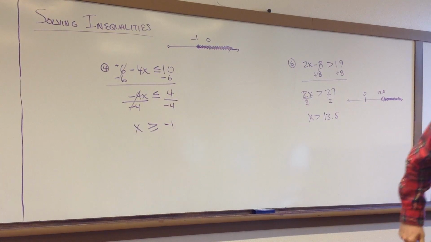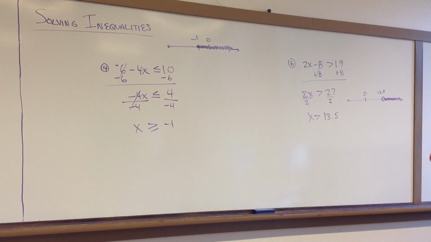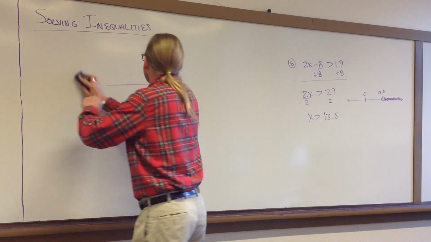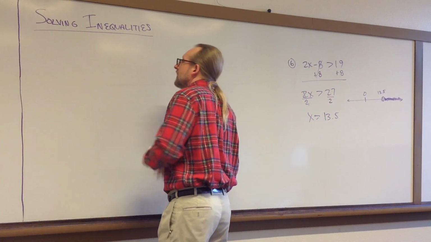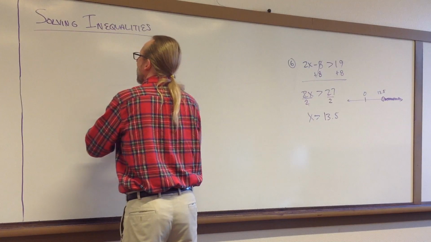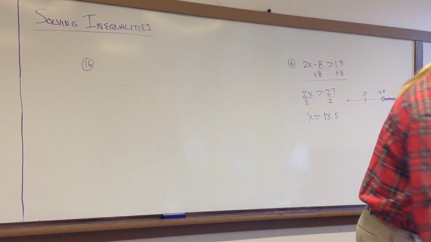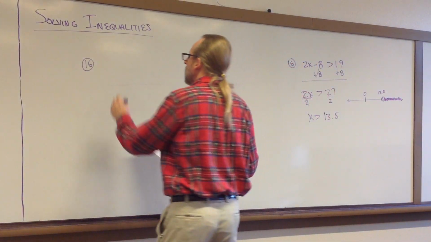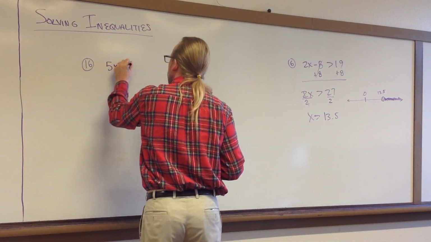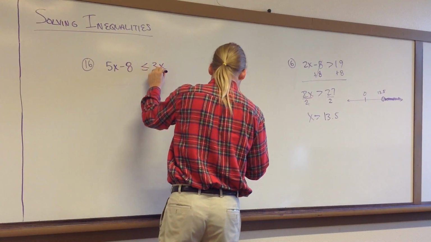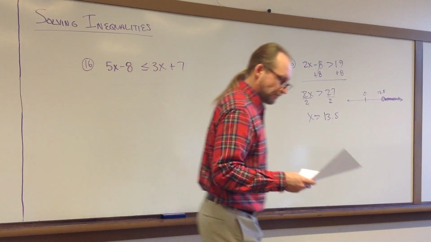Okay, so let's look at a couple more here. Let's skip down to problem 16. These are a little bit more complicated. So, 16, we start out with 5x minus 8 less than or equal to 3x plus 7.